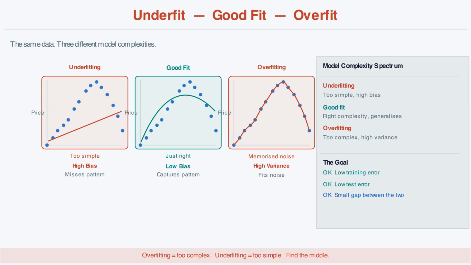But look at what it does between the points, it swings wildly up and down to hit each training example precisely. Give it a new house, and the prediction could be anywhere. This is overfitting, too complex, too much variance. The goal is always the middle path. Low error on training data and low error on new data. A small gap between the two.